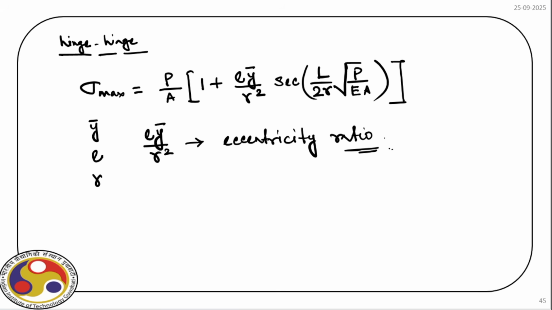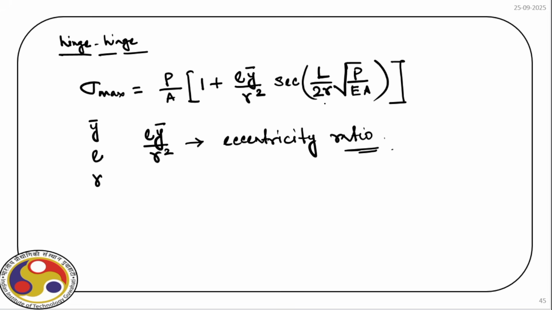Right. Now today let us first consider an example and let us see how the stress changes with the introduction of a small amount of eccentricity. If you recall, we first started with Euler's buckling load, and in case of Euler's formula, that was purely based on some assumptions, and there we did not consider any eccentricity.